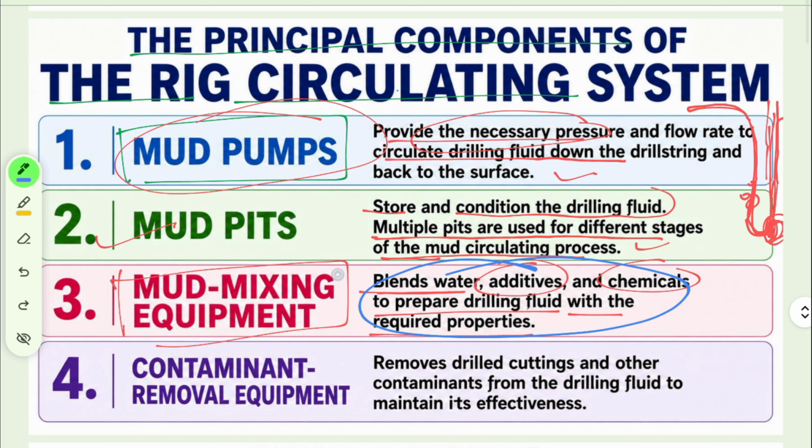So mixing is a very important process, because polymers stick when they come in contact with water, they create lumps, right? Those lumps can be dispersed, or mixed with the water uniformly through the mud mixer, right?